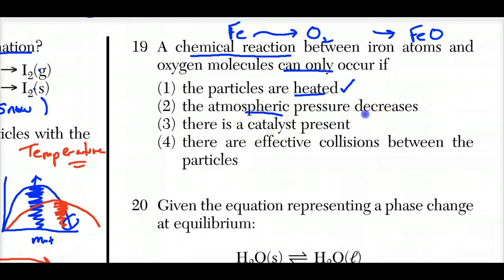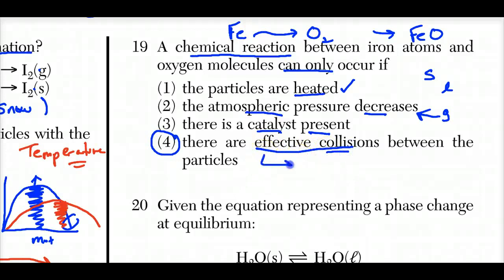Atmospheric pressure decreases. Well, a lot of reactions will occur independent of the pressure changes, especially if they're solids or liquids. Only gases are affected by pressure. Catalyst present. Well, there's a lot of reactions that occur without a catalyst. If the activation energy is present, you should know all reactions are based upon collisions that are effective. And there's 2 things that make an effective collision. That's high enough kinetic energy to force the 2 atoms to collide.